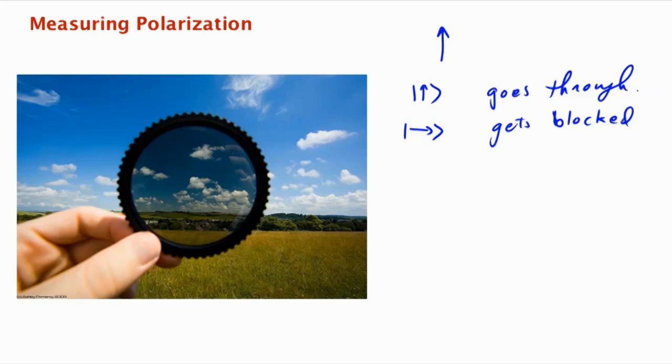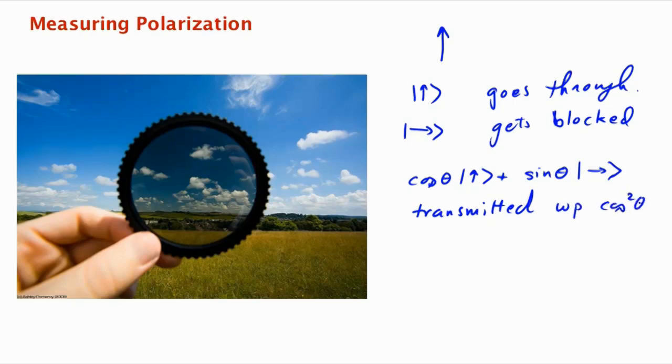But what if it's a superposition of vertical and horizontal? Let's say that it makes an angle of theta with vertical. So it's in the state cosine theta vertical plus sine theta horizontal polarization. Now what happens is exactly what you'd expect. It gets transmitted with probability cosine squared theta.